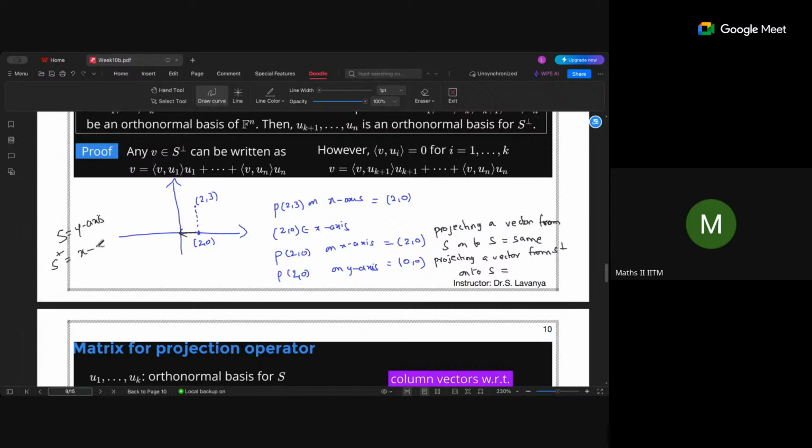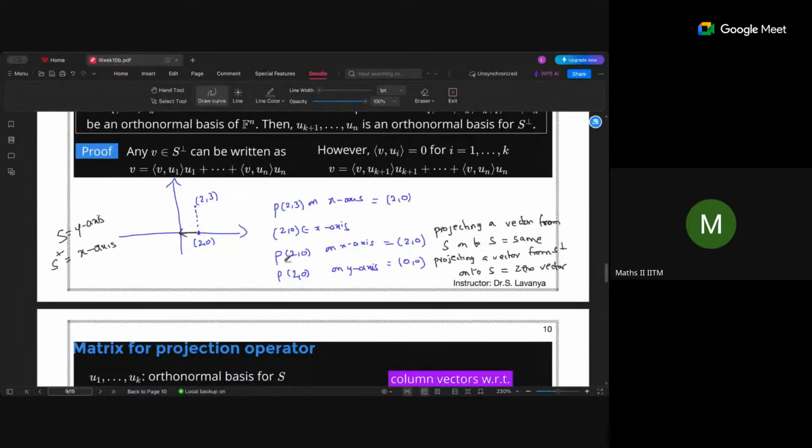So I took some vector from S perp and projected it onto S. Then what happened? I got the 0 vector. In the same way, the projection of a vector from S perp onto S will give me the 0 vector. So these are two observations we have.